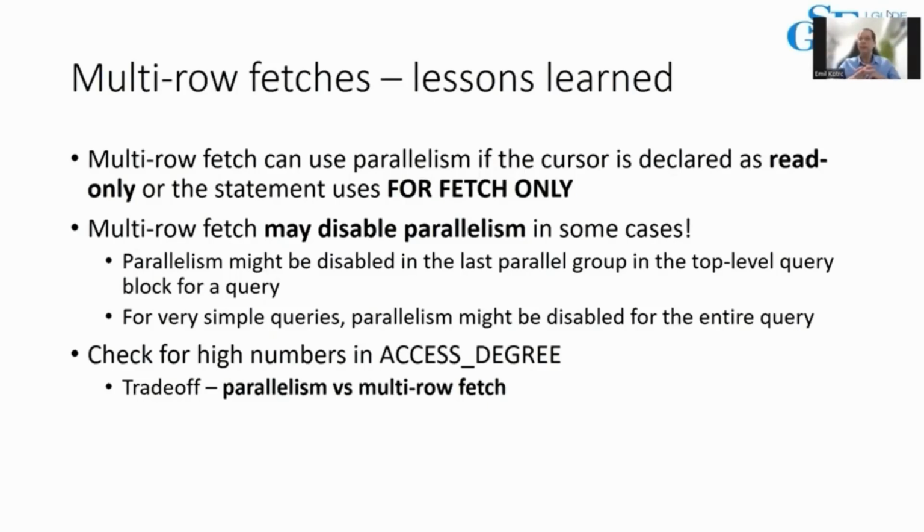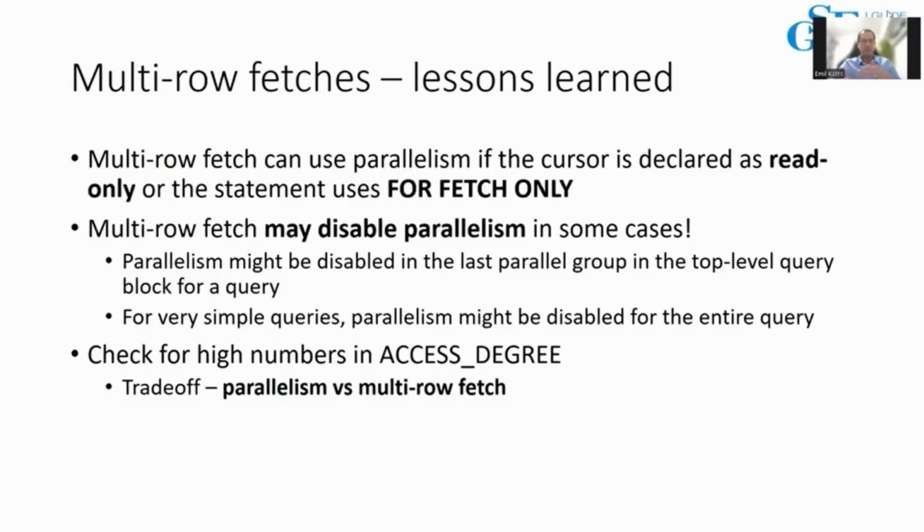I haven't found any good source, except the documentation for DSNTIAP4, which is, I believe, in the application programming guide. That's where they mention that parallelism might be disabled in the last parallel group in the top level query block for a query, whatever that means. So if you see performance problems with multi-row fetches, try to use a single row fetch, and maybe that will actually perform faster. That was really new information for me. I didn't know that, and we learned something here.